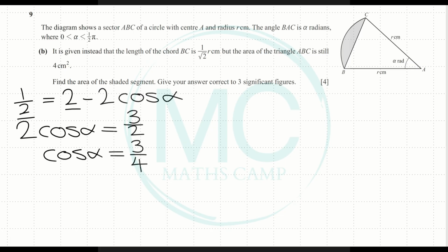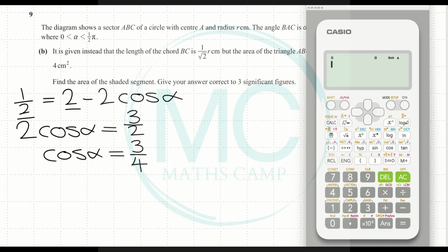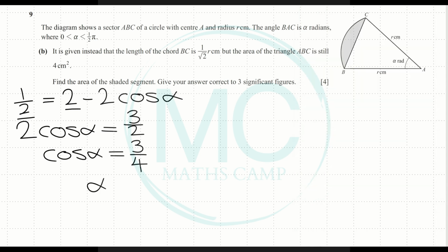Now I can use my calculator to find alpha. So I can say shift cos 3 over 4, close the bracket, is equal to 0,22734. Let's write this as 0,7224. Be careful rounding off while you're still calculating, as this can affect your final answer.